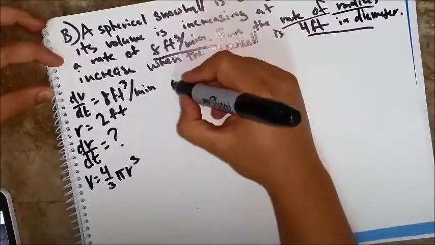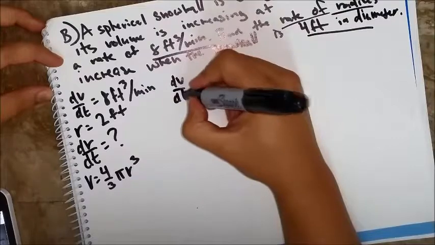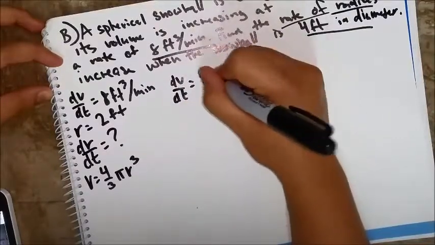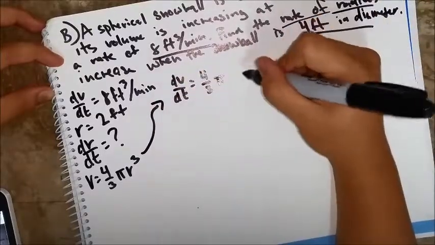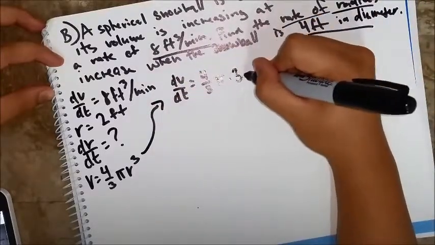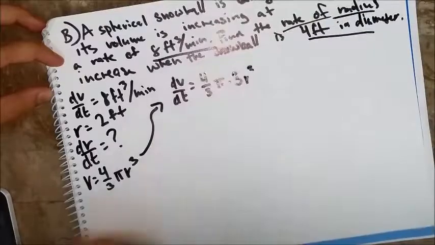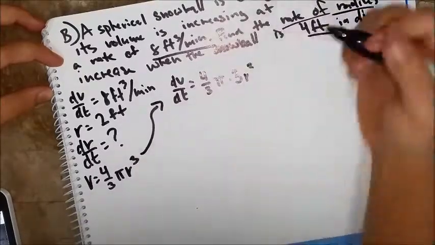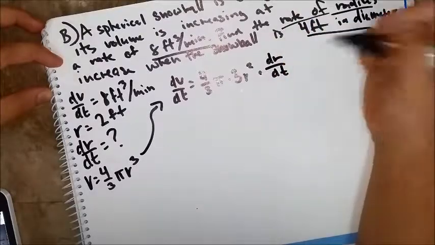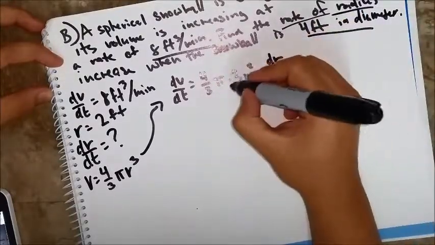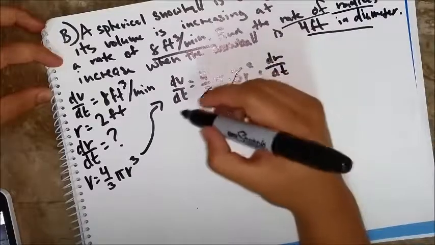Okay, so we just have to plug it in. We have dV over dt equals 4/3 pi times 3r squared, because we took the derivative, times dr over dt. And we can cancel it out.